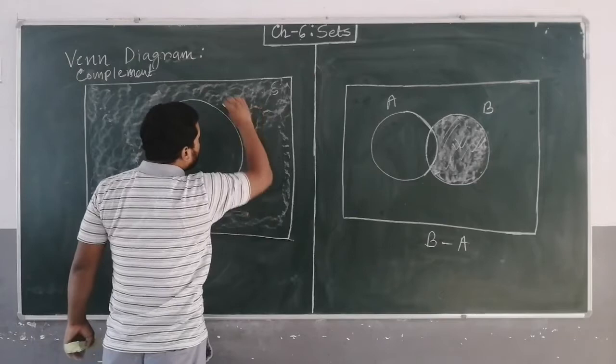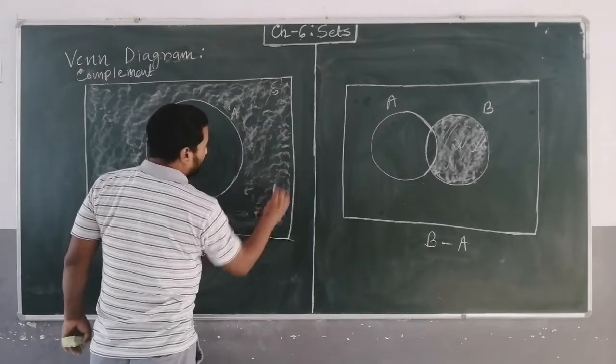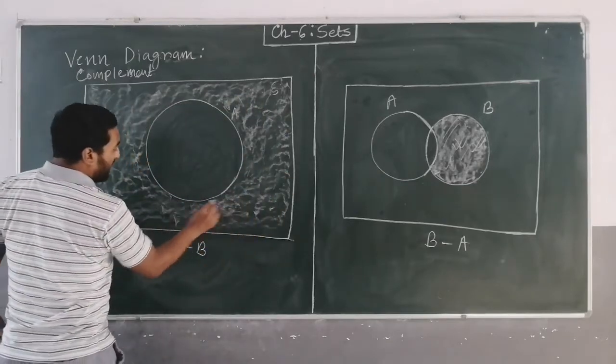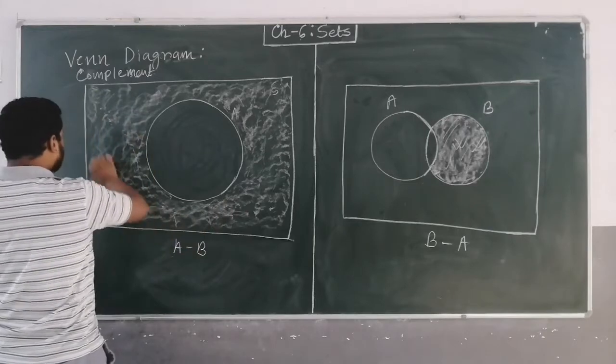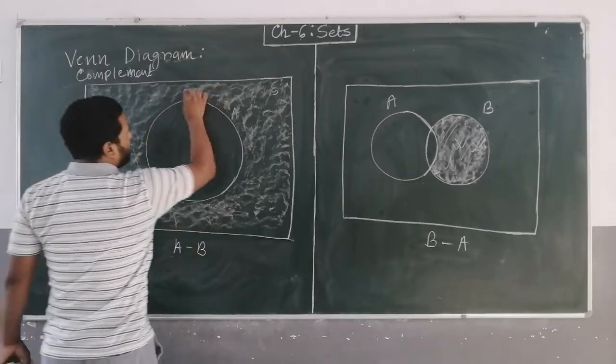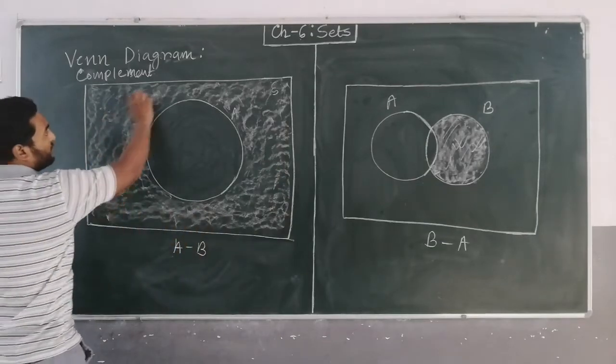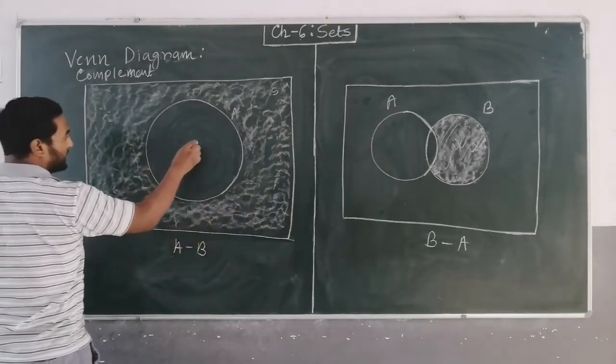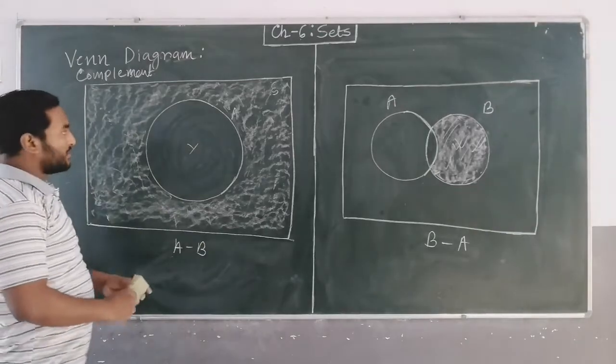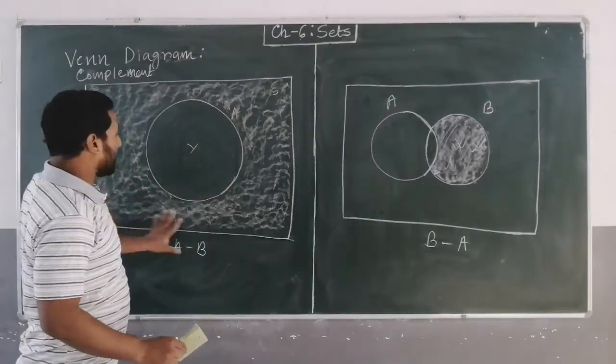So leaving the area of A, all the parts present in the universal set will be A complement. So this whole area except this is representing A complement.